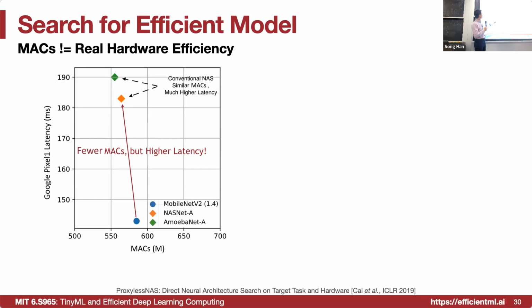However, they have much higher latency measured on the phone. One is about 100, this is about 140 milliseconds, but these two are way over 180 milliseconds. So MACs don't mean the real measured hardware latency.